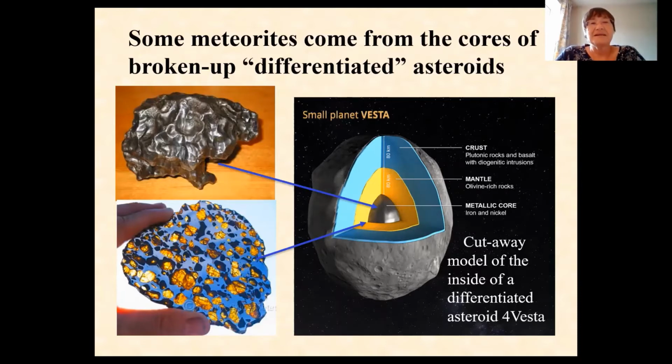Although you can put some of those together chemically and they look like they've come from the same parent asteroid, there are still over 100 that are not related to any other metal meteorite. So we might have hundreds, if not thousands, of metal asteroids out there, which are the remnants of the core of previously differentiated little bodies.